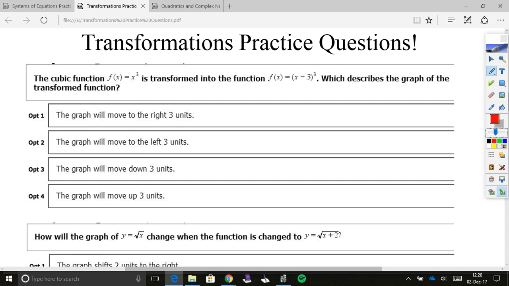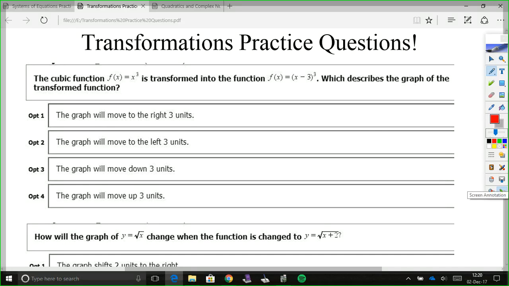So this one is very similar to the last question. You have x cubed and it's transformed into x minus 3 cubed. So let's identify the key difference. The key difference is this minus 3 here. That minus 3, notice where it is. It's inside parentheses. So again, this is based off of this type of shift where you're putting this number inside the parentheses. This is your, again, horizontal type of shift.